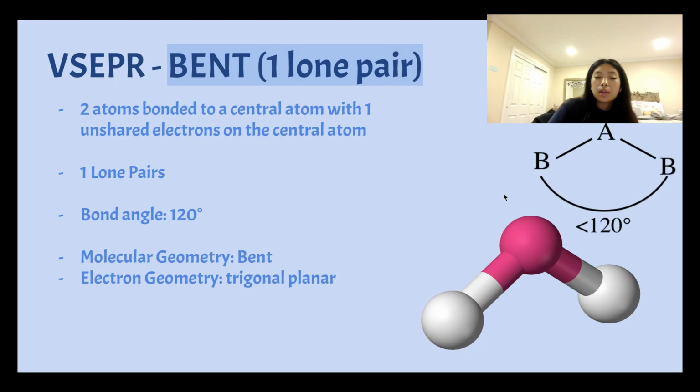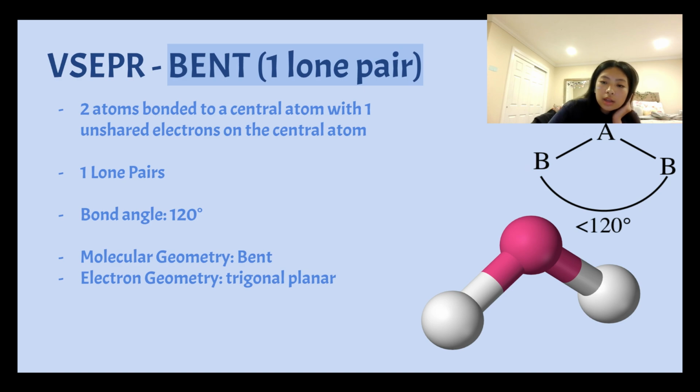The next shape is bent with 1 lone pair. This is when 2 atoms are bonded to the central atom with 1 unshared pair of electrons on the central atom. So that means there's 1 lone pair. In this case, the bond angle is also 120. In some cases, it will be different, but that's just something you'd have to ask your teacher.